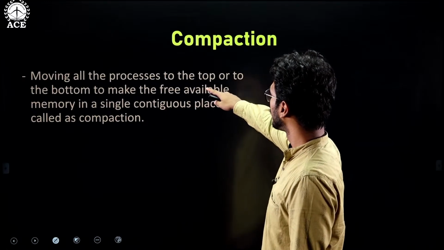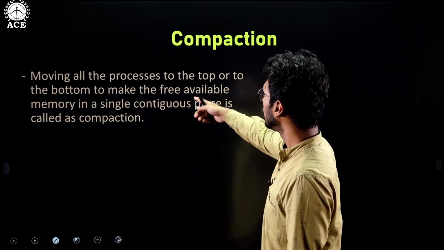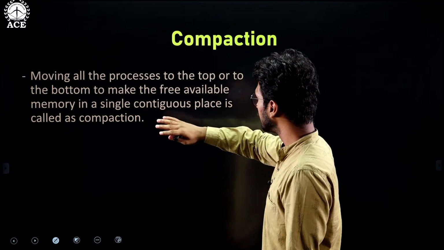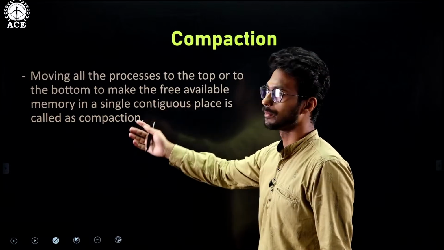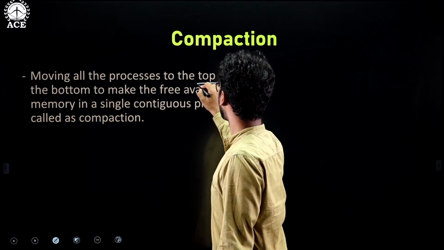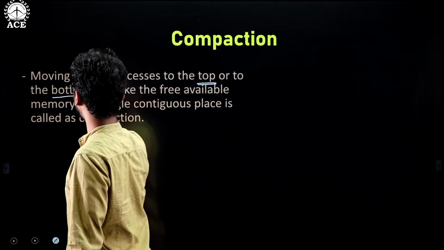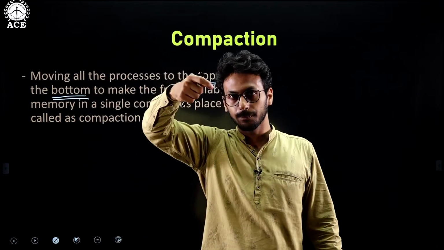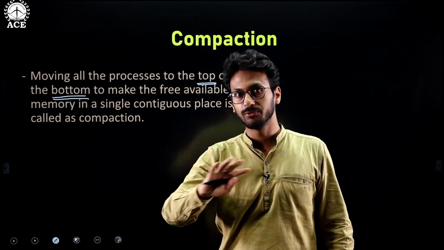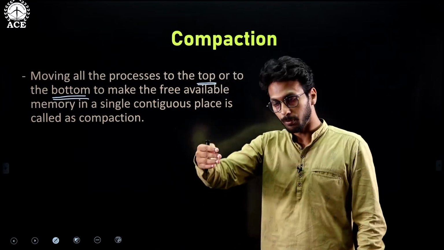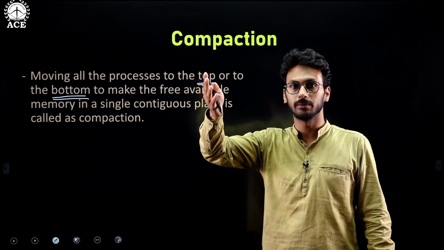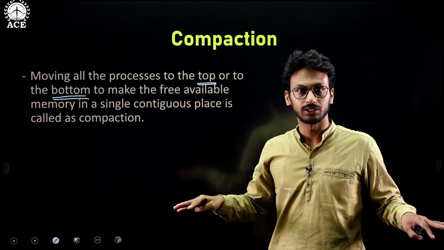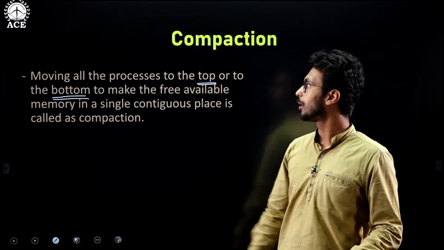Moving all the processes to the top or to the bottom to make the free memory available in a single contiguous place is called compaction. Anyone is okay. Anyhow, that issue of external fragmentation will be eliminated using compaction.